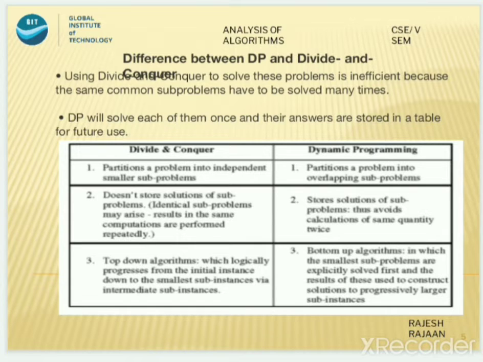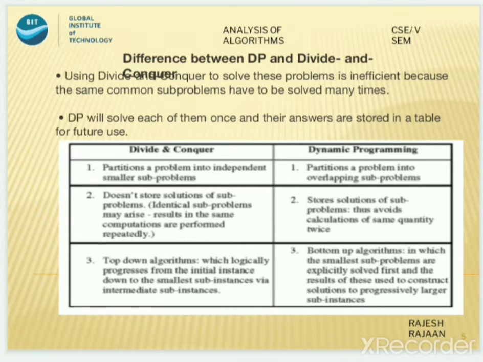In divide and conquer, we partition a problem into independent smaller subproblems. Rather, dynamic programming partitions problems into overlapping subproblems. Divide and conquer doesn't store solutions of subproblems, but dynamic programming stores solutions of subproblems.